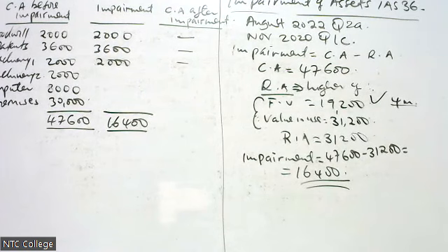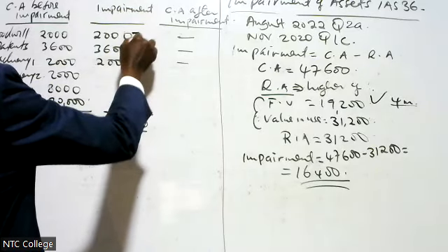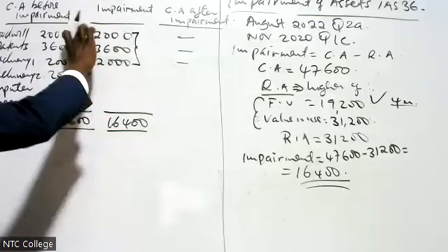Now, from the examiner's point of view, this is the total impairment that we have seen from these assets. But remember, our impairment total is 16,400.